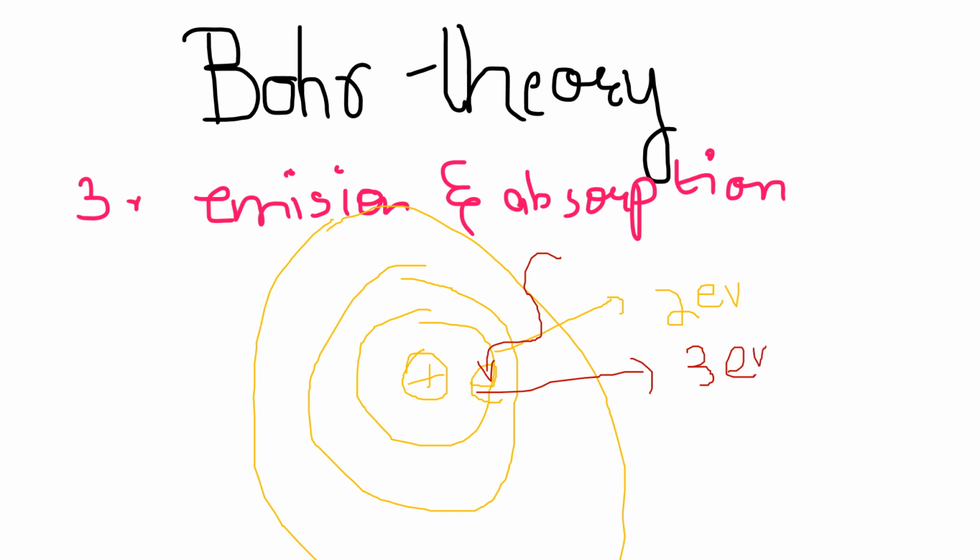Basically, this electron will shift into the second shell. The first shell is K and the second shell is L. So it will shift up to the L shell. And this is the concept of emission and absorption.